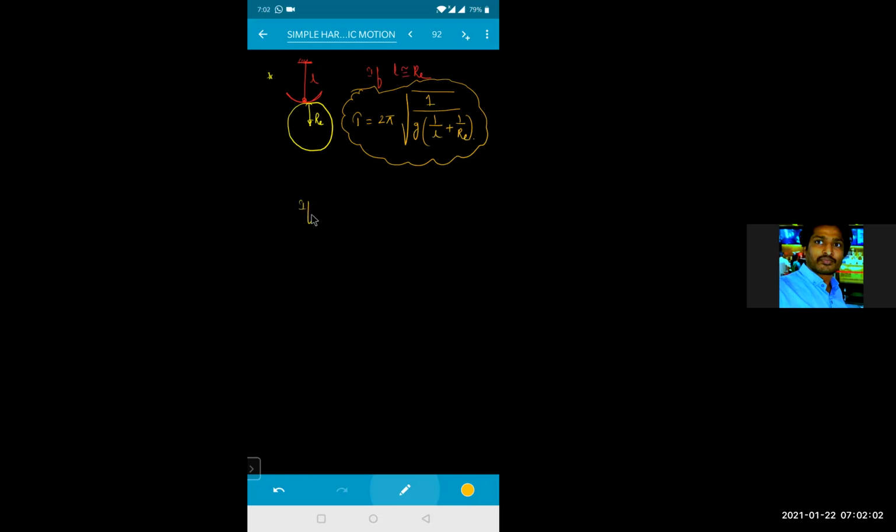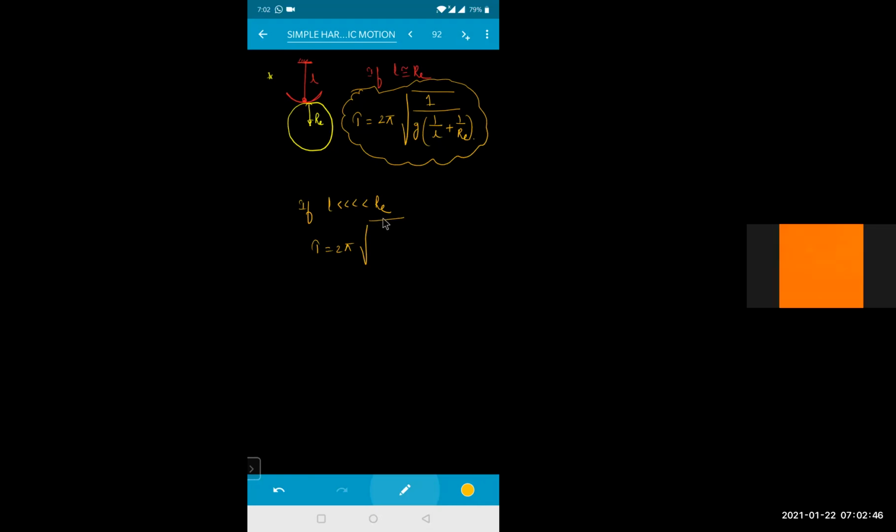If the length is much lesser than the radius of the earth, beta, then in this expression, 1 by RE can be neglected, because L is much lesser than RE. So the time period will become T equals 2 pi under root of, what can I do?